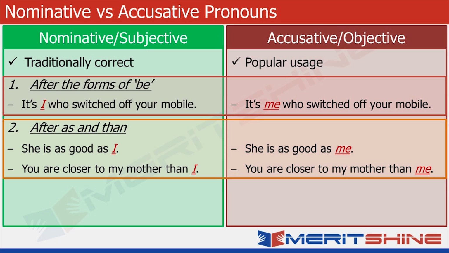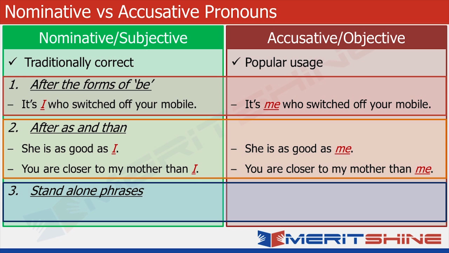And the second interpretation goes like this. Now listen very carefully. Your closeness with my mother is greater than your closeness with me. Now, this second interpretation is absolutely correct grammatically as well. In fact, that's the meaning of this sentence. If you want to imply the first, then better use I in place of me.